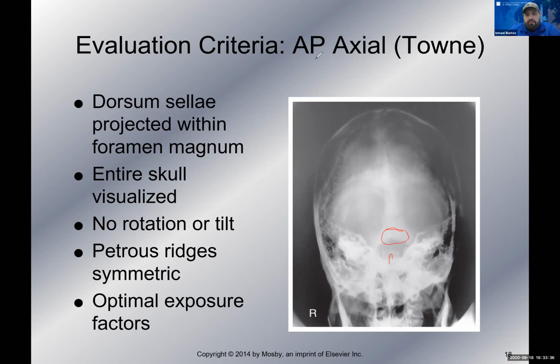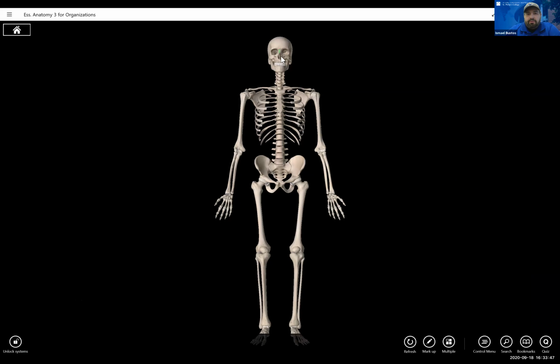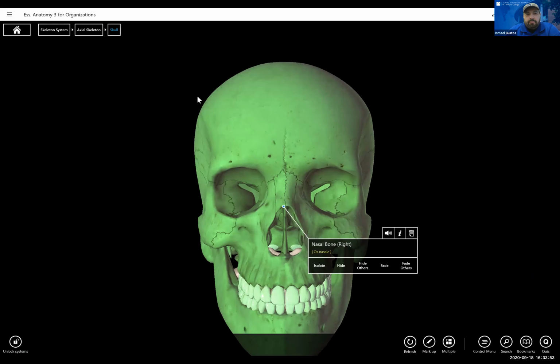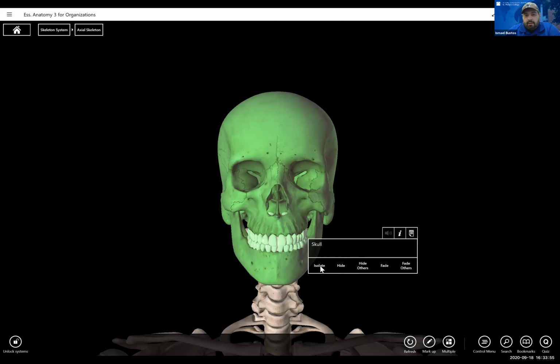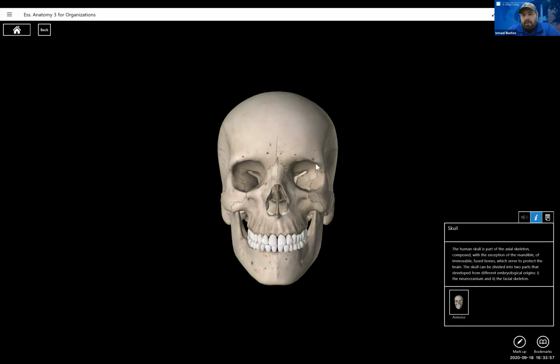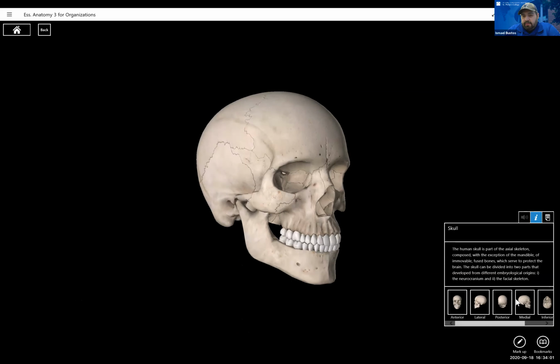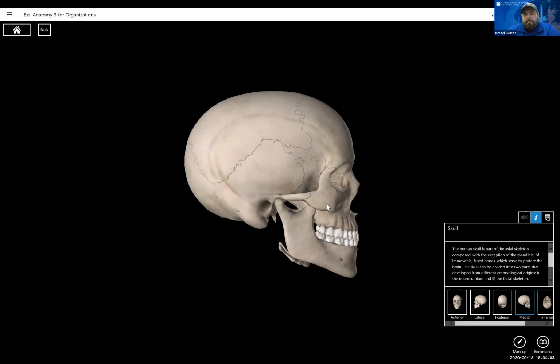All right. So let me switch over to this diagram here of the skull. All right, we're gonna do the skull here. So let's get skull here. All right, we're gonna isolate it. All right, so I'm gonna turn my head into a lateral position there, just to show you.